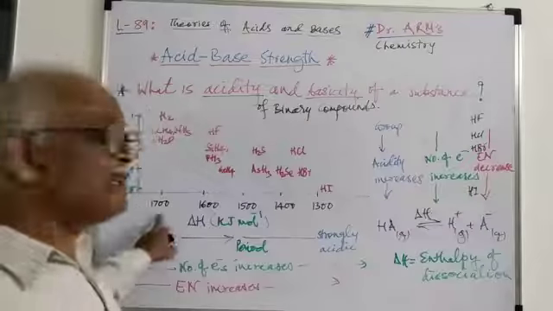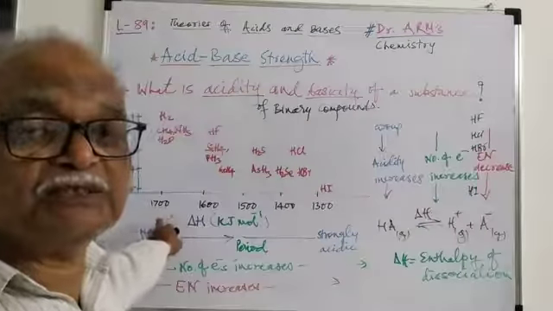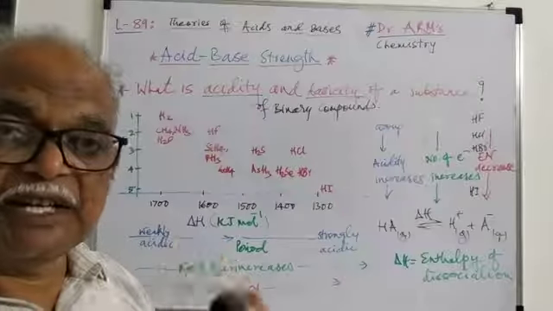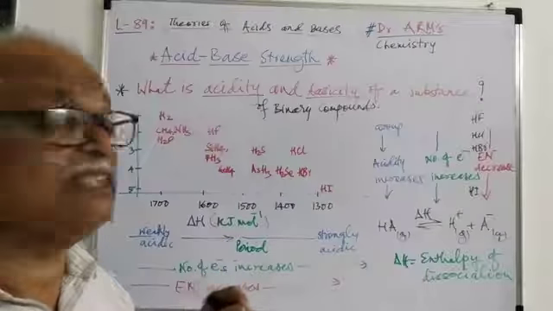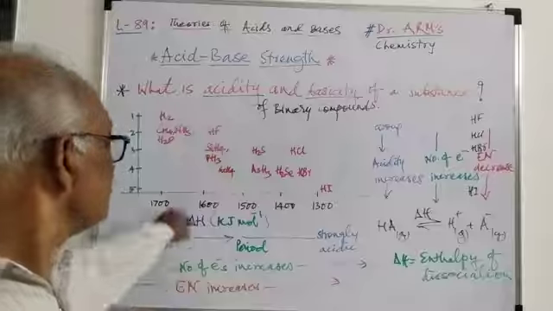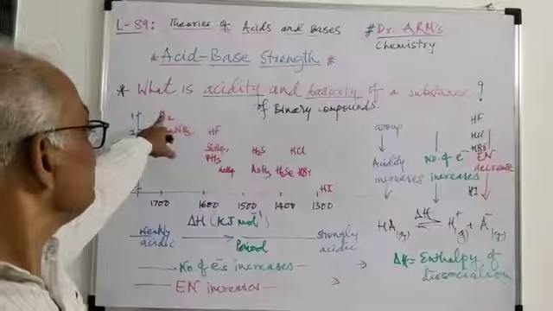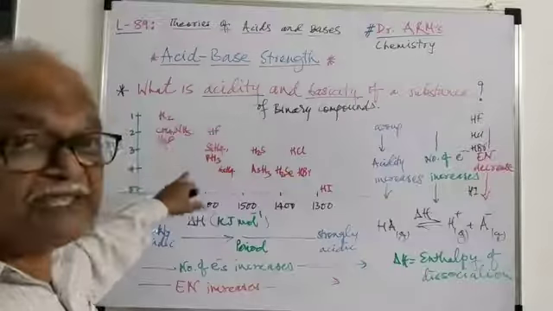So a higher value of enthalpy of dissociation indicates that the binary compound is a weaker acid. So you will find that these are weakly acidic species.